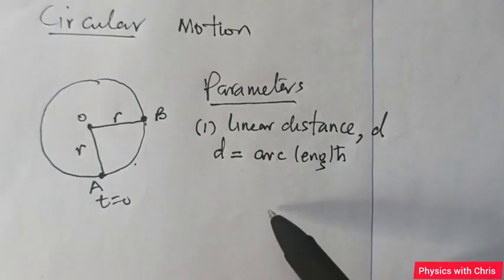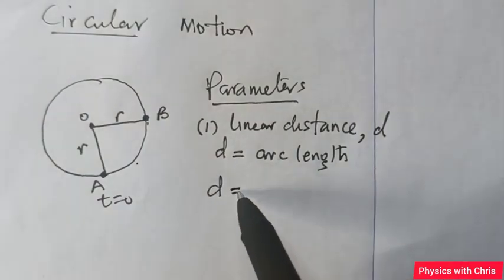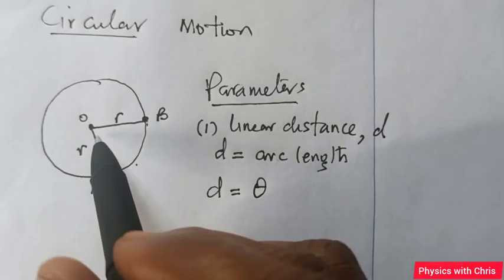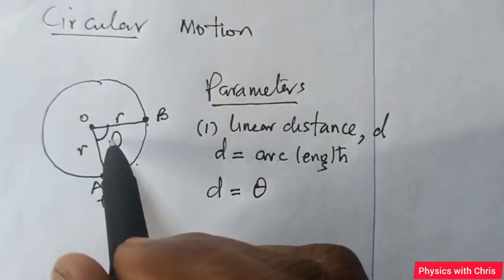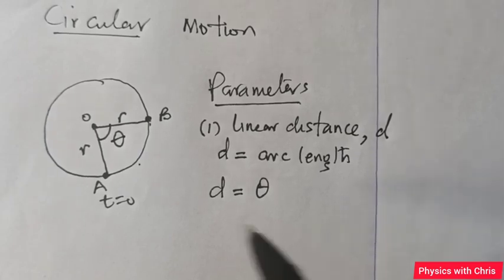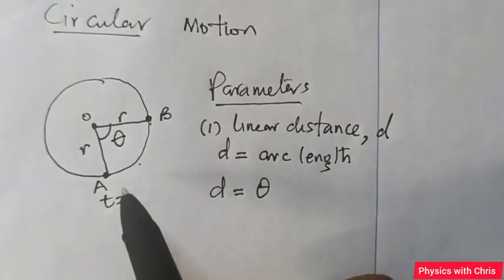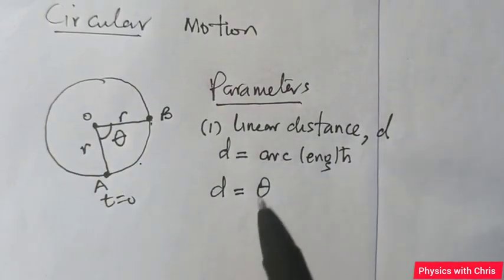And I'm sure in your mathematics you were taught how to calculate the length of an arc. So D equals theta, which is the angle described here. Very soon I'll describe in much detail what it represents. But for now, let's just take it as the angle subtended by this arc length AB measured in radian.